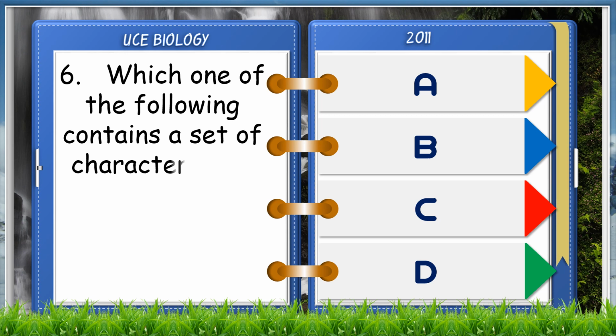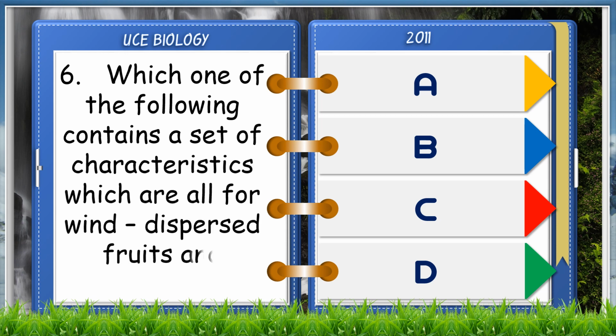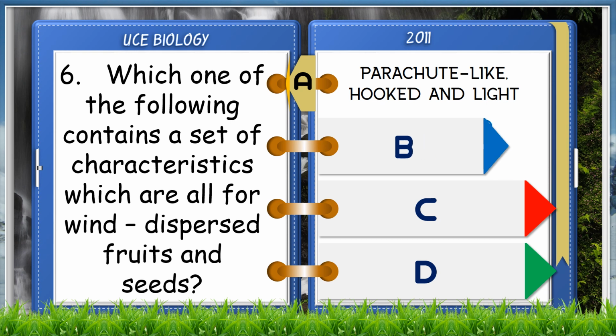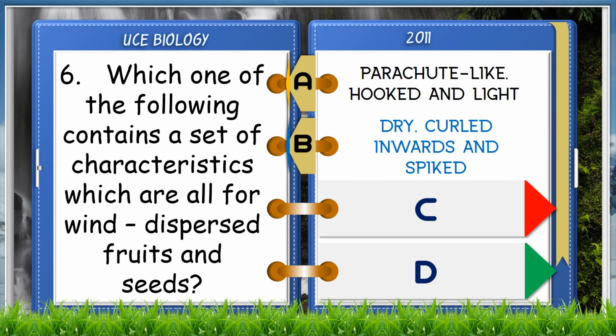Which one of the following contains a set of characteristics which are all for wind dispersed fruits and seeds? A. Parachute-like, hooked and light. B. Dry, curled inwards and spiked.